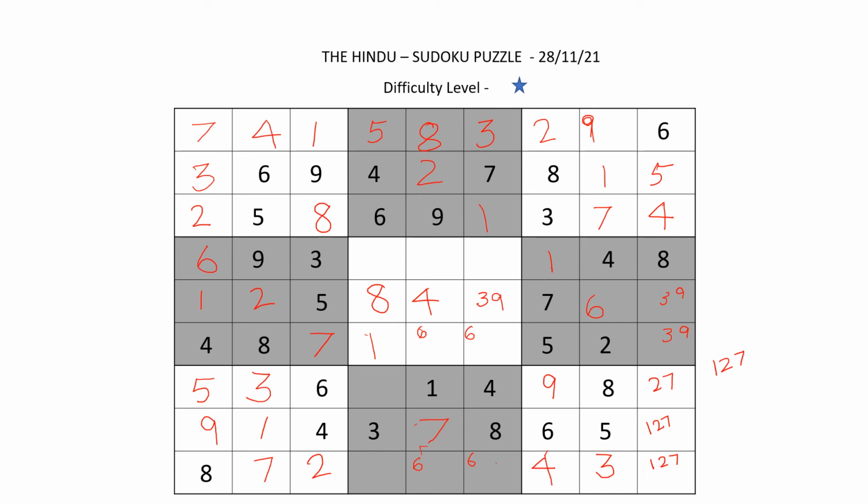There are only 2 numbers left in this column. The missing numbers are 7 and 9. You can see a 7 here, so 7 cannot come here. This cell takes 9. And this cell takes a 7.